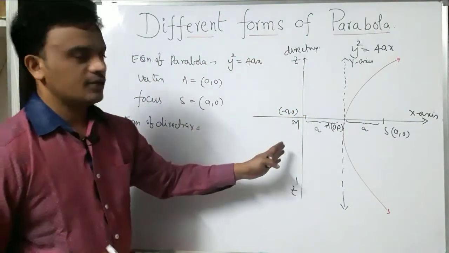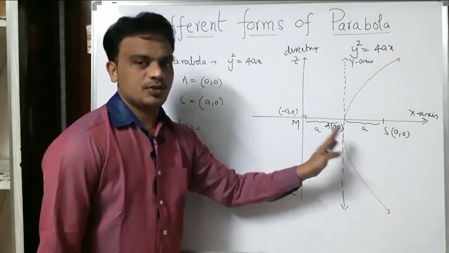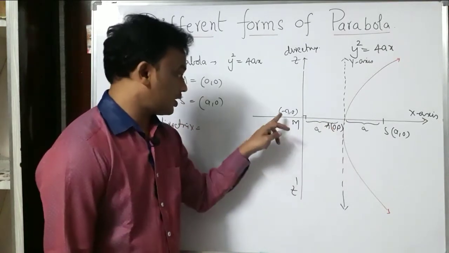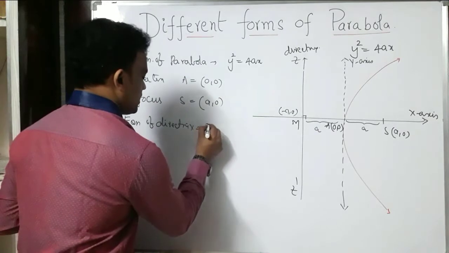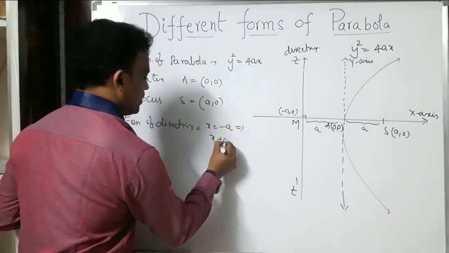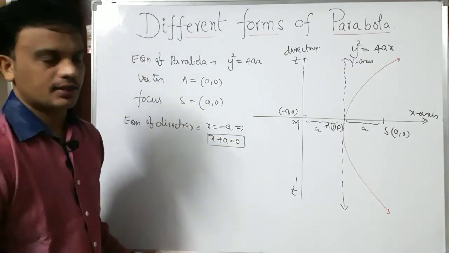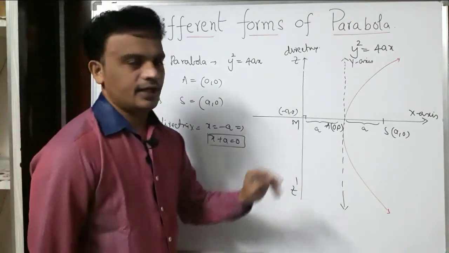So this is the equation of the directrix, which is parallel to the y-axis. That means x is equals to a constant, the x coordinate is constant, which is x is equals to minus a, or simply I can write x plus a equals to 0. So that is the equation of the directrix.